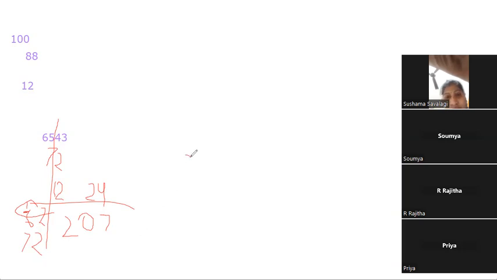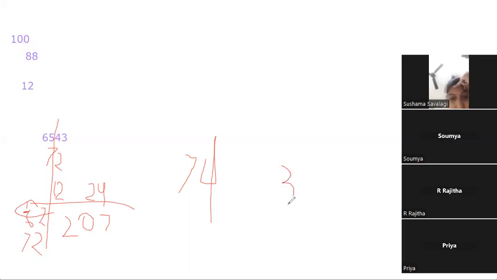So your quotient will be 74 and your remainder will be 207 minus 176.